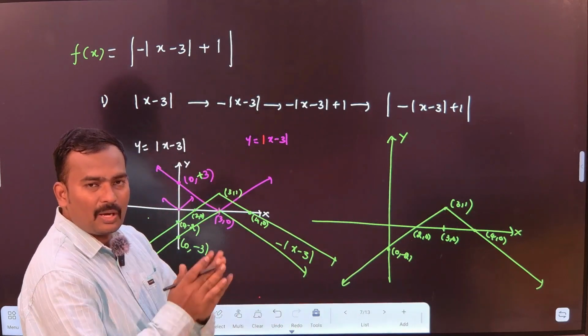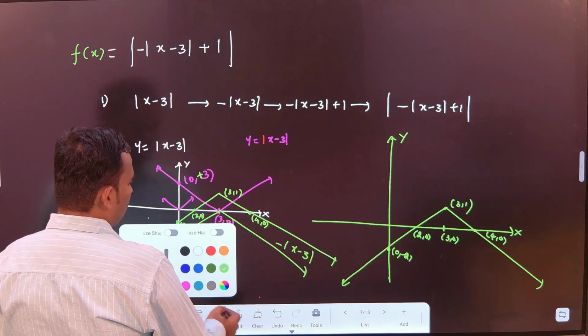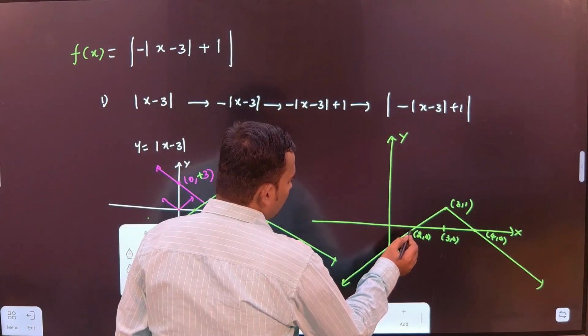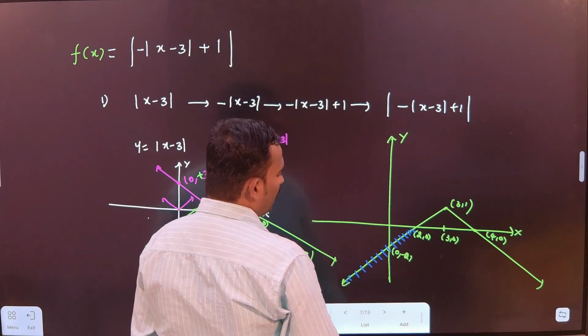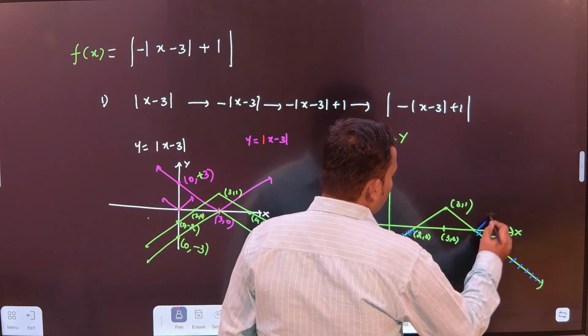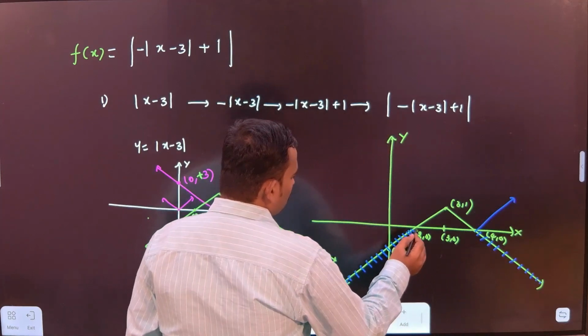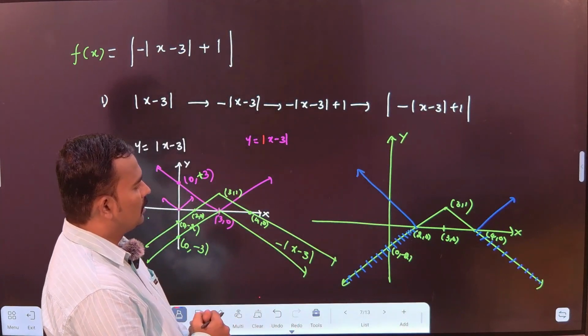Now what you can do, you have to apply the modulus. The modulus job is what? Whatever the negative image is there, right? So negative y value is there, no? You have to shift it up. This will be going like this. This will be going like this. Clear? Understand?